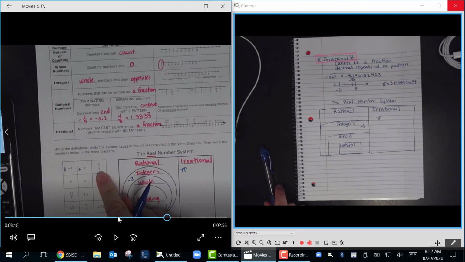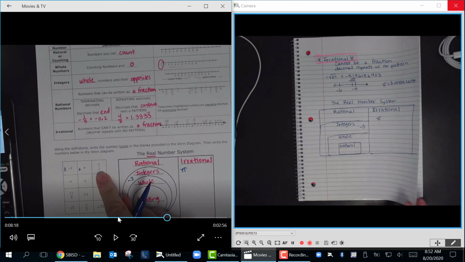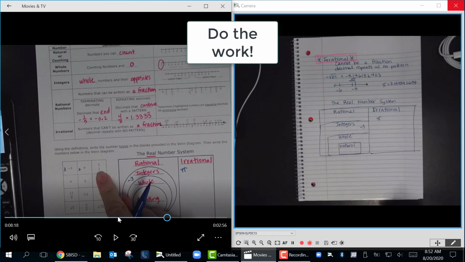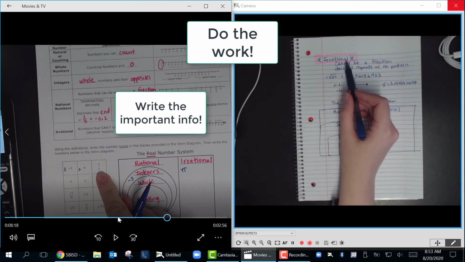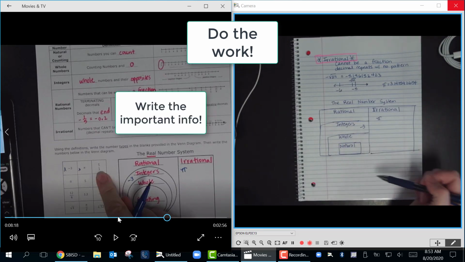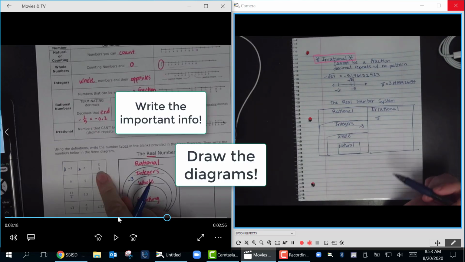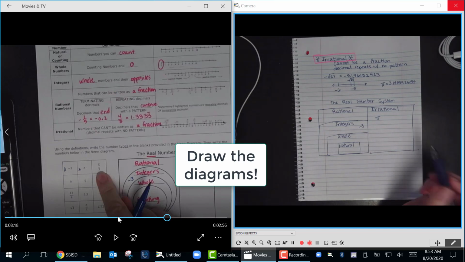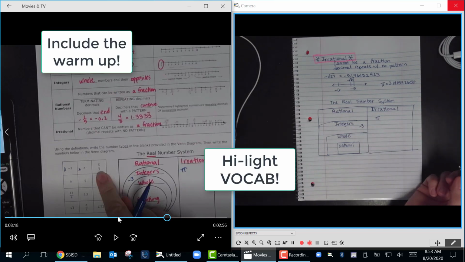All right? So key things that are going to help you when you're taking notes. Do the work. Sometimes we're going to say, hey, solve this equation, and you're going to have to do that. Write the important words. Draw diagrams when necessary. Include the warm-up. Highlight your vocab. Make sure you're following along and try to stay organized.